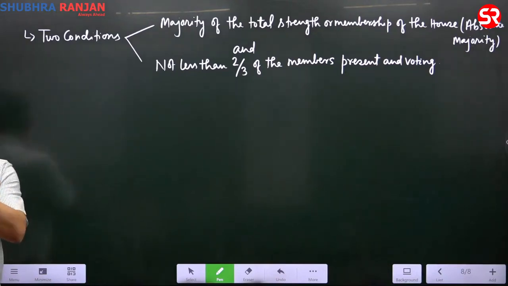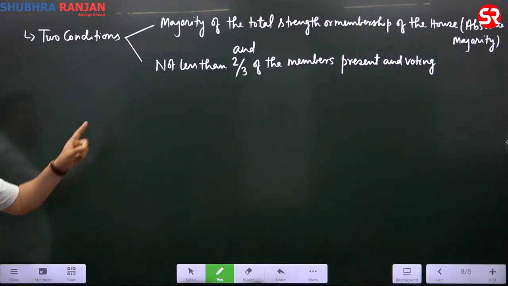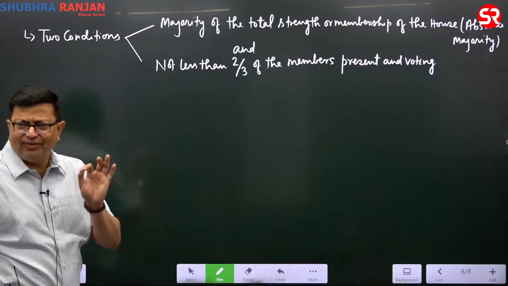It is not either or. Both the conditions have to be fulfilled, this condition as well as this condition. I will give you an illustration also.